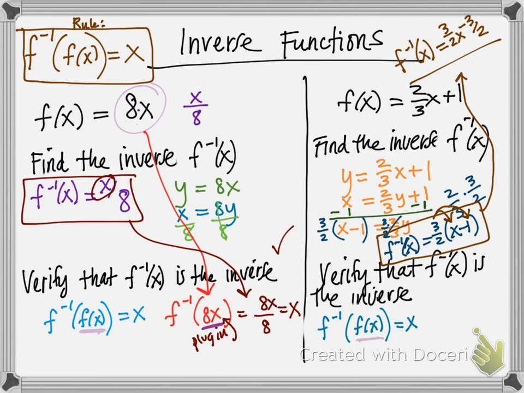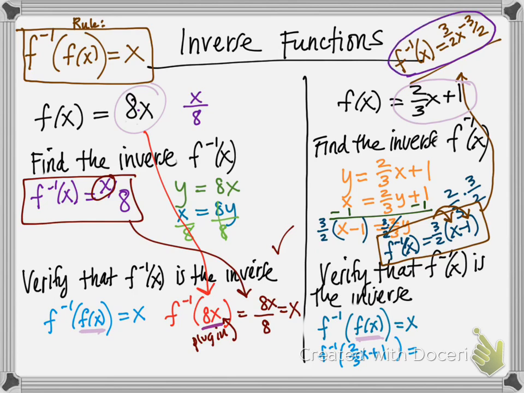Let's replace the inside f of x with this function right here. So this would be f inverse of 2/3 x plus 1, right? So how do I figure out what f inverse of 2/3 x plus 1 is equal to? Well, that is saying for the function f inverse of x, I'm going to use the one where we distributed.